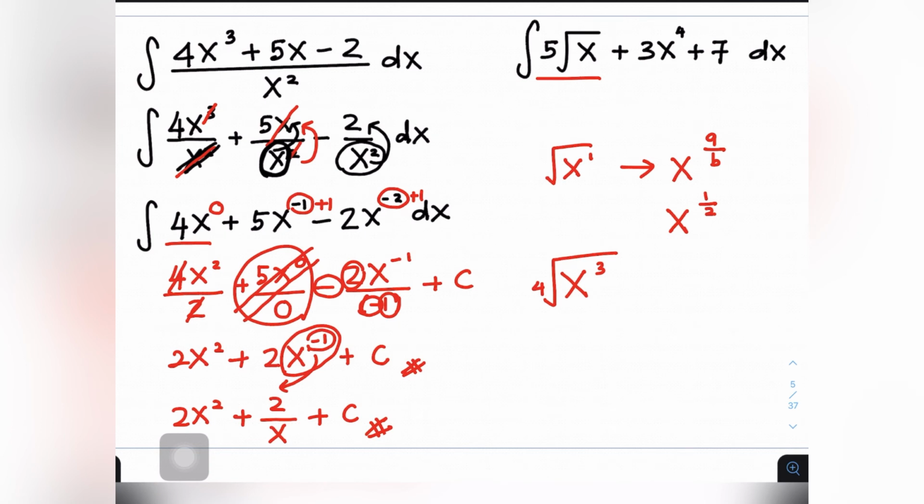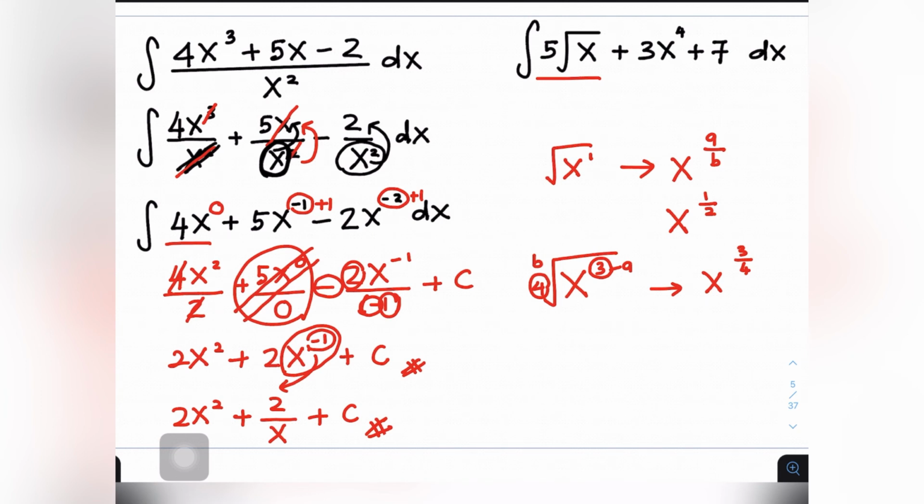So for example, this one is x to the power of 3 square root 4, because you can see here is 4, this one is 3, this one is a, this one is b. So when you want to write this one in the form of power, it will become x to the power of 3 over 4. This is how you change the root into power form.